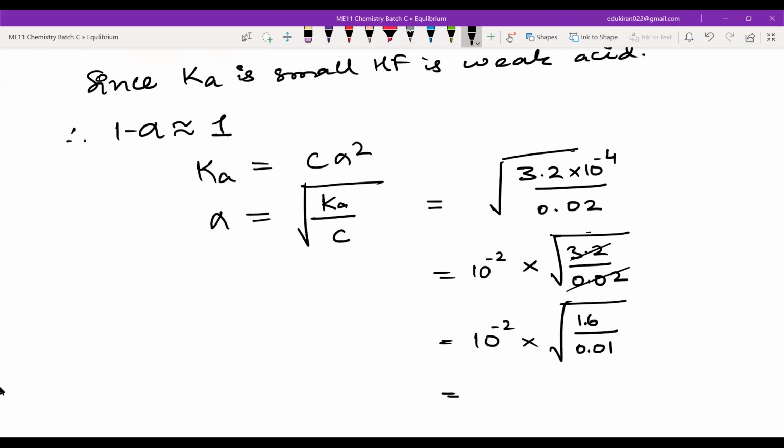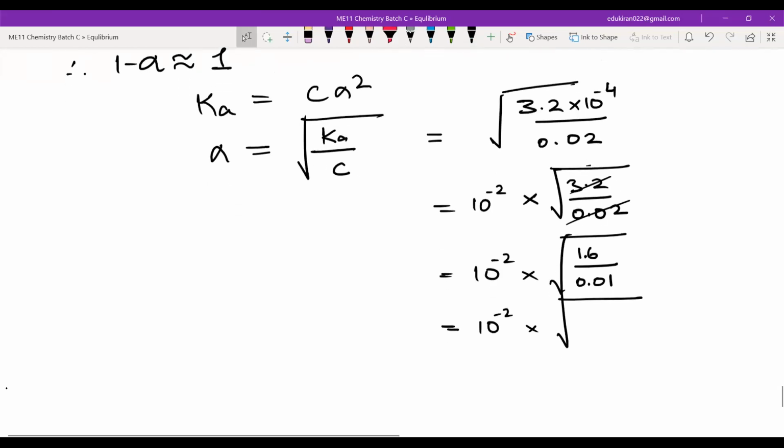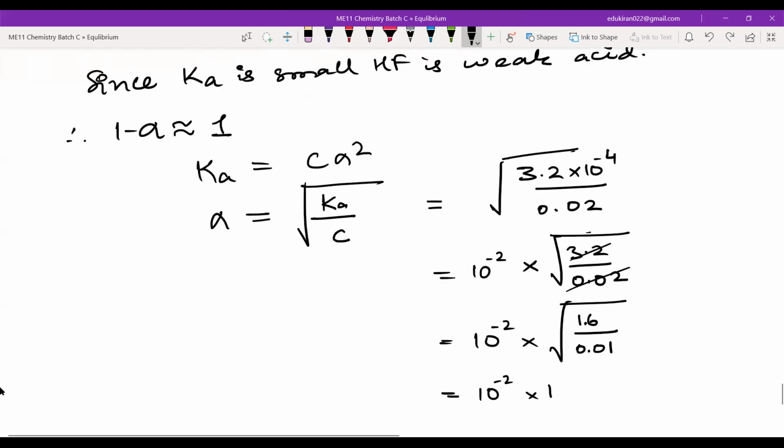Now, under root of 1.6 will be equal to how much? 1.26. Yeah, 1.26.